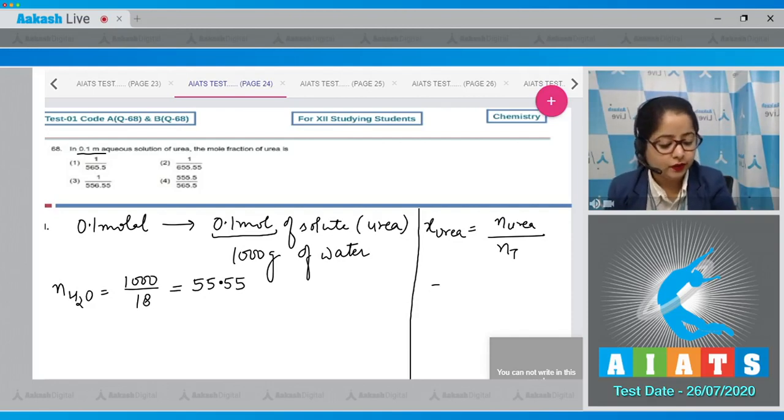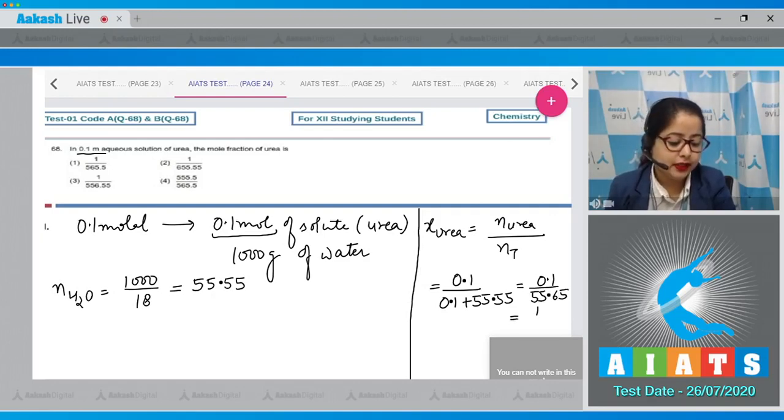So let's put the value here. 0.1 upon 0.1 plus 55.55, which is equal to 0.1 upon 55.65, ultimately equal to 1 upon 556.5. That means the correct answer for this question is option number 3.